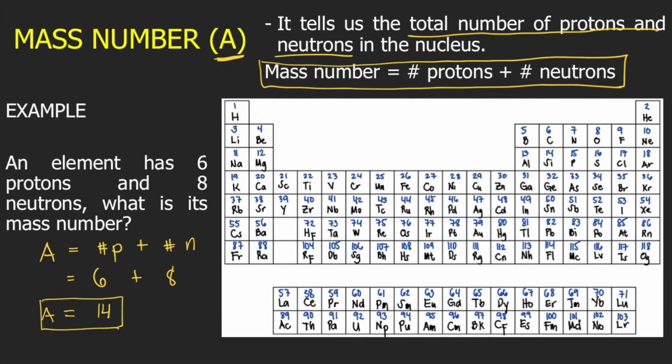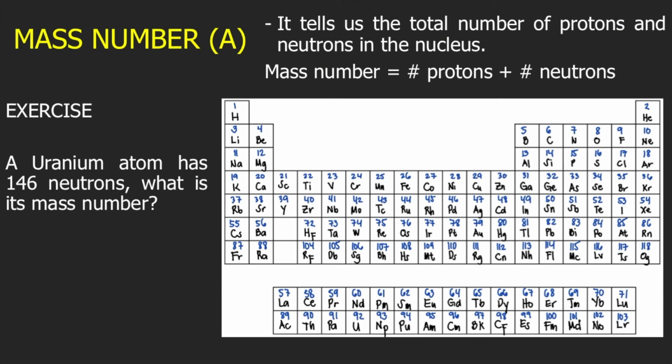It's pretty straightforward, right? So let's move on to another exercise. It says here, a uranium atom has 146 neutrons. What is its mass number? Again, mass number, or A, is equal to the number of protons plus the number of neutrons. The question did not give us the number of protons, but it says here uranium atom. So we know from our previous discussion that the number of protons is equal to the atomic number, right?